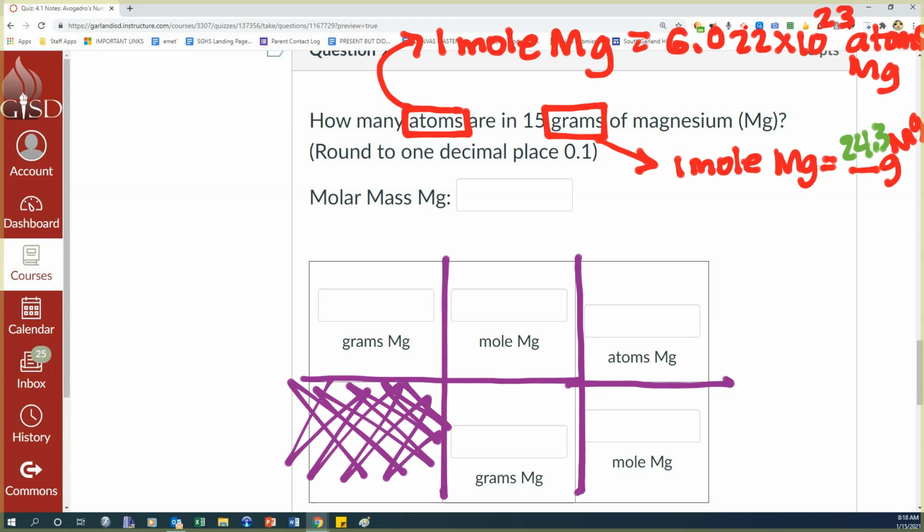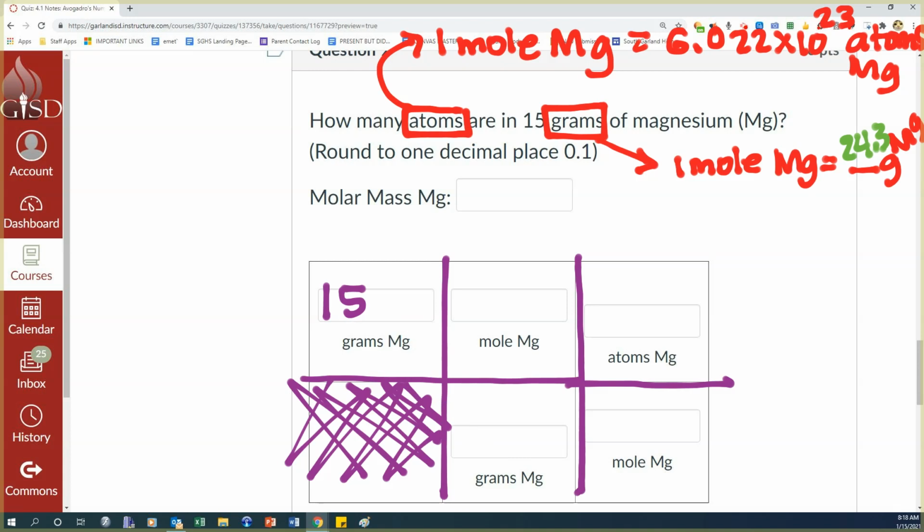The given is always from the problem. It's 15 grams of Mg. Remember what I told you, and focus on this one: boxes across diagonally should have the same unit. So I need the conversion factor that has grams, because the given is grams.